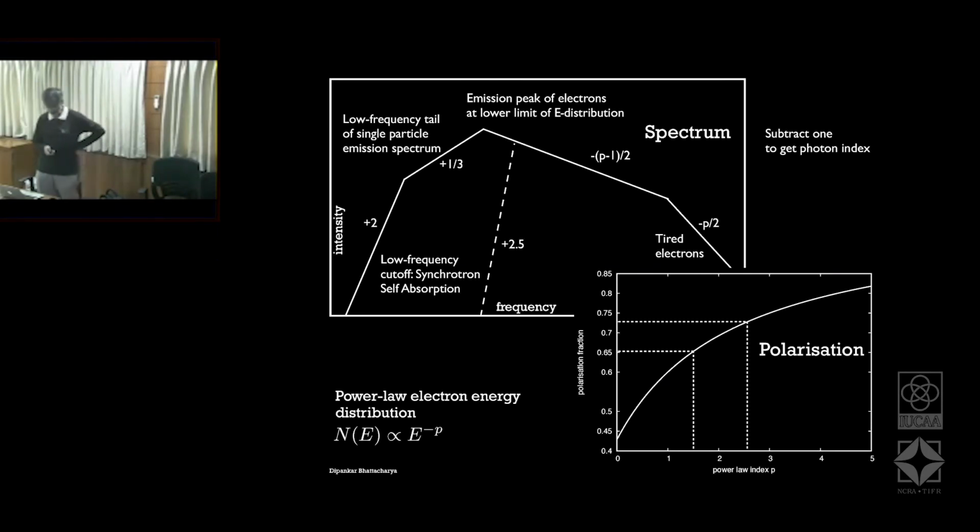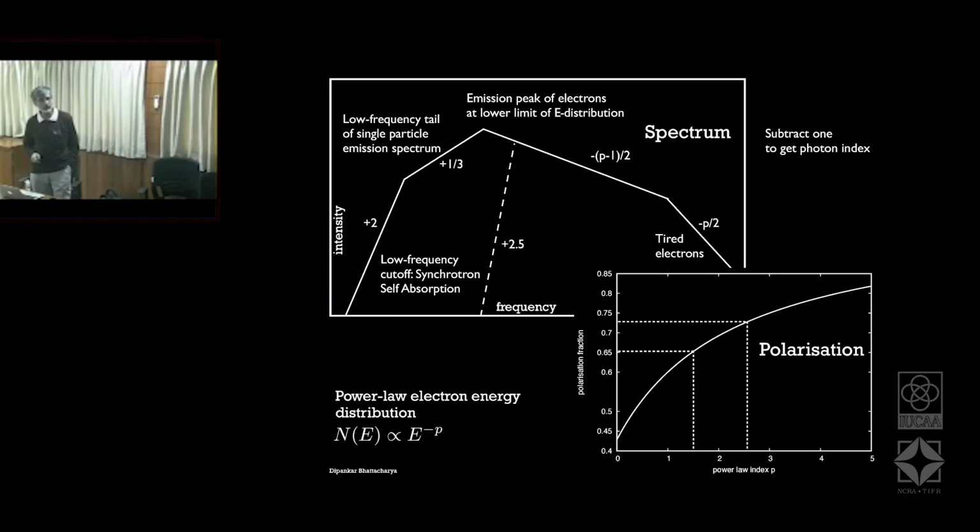Okay, so now I think I'll have to stop here today. So you have polarization. As I said, depending on the power law index, you're now going to do the averaging differently, and you'll get a somewhat different value of polarization. The typical values of power law index that we encounter in astronomy are somewhere between 1.5 to 2.5, and that gives you a net polarization of about 70% or so on average, 65 to 75%.